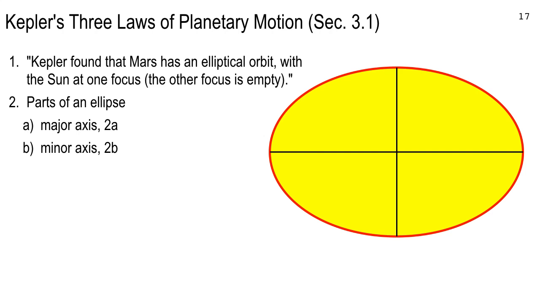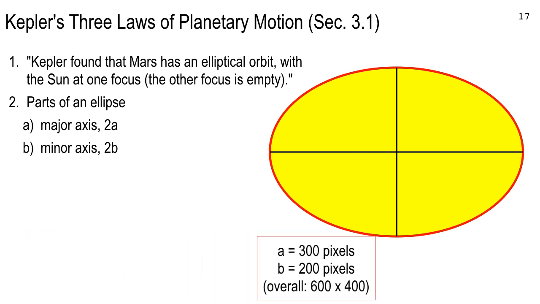The minor axis is the shorter one, and for this one, the minor axis is vertical. But if you're looking at a star in the sky, it can be tilted in any direction, but it's going to have a minor axis, when you map out the star or the planet's orbit, or the comet. Now this one, you can make a note, I measured really carefully. a is 300 pixels, b is 200 pixels, so the overall width and height are 600 and 400.